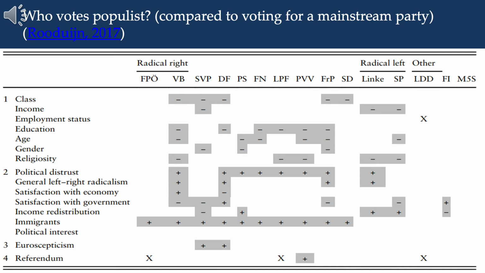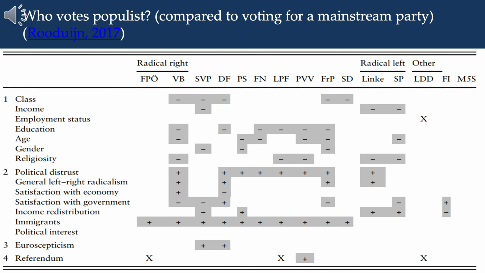Firstly, if we thought that the drivers of populism in each country were the same, we would expect to see all squares shaded or non-shaded, and we would expect the signs to go in the same direction, which is not always the case.